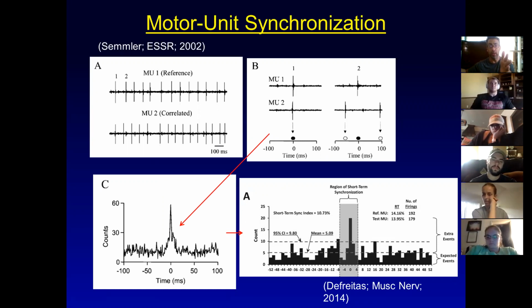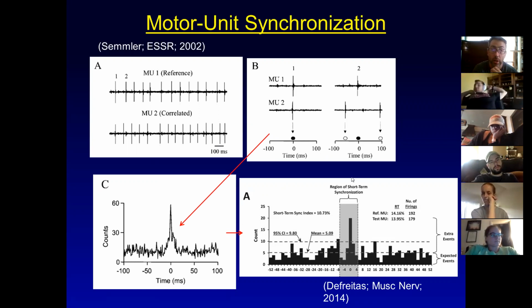You can then send a wave in the opposite direction, and if it hits it, those two things will either add up together and you get one really big wave, or if it catches it right, it will essentially cancel out the wave coming back the other direction. Okay, so this is going to get at the idea of synchronization of these motor units.